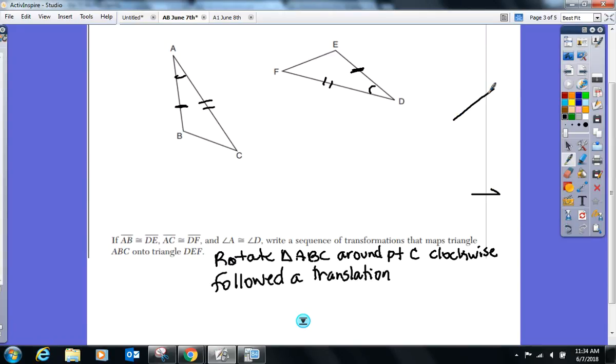So if it's going like this, this means I'm going to slide everything this way, this length. Okay, that's fine. I'm glad we're going over it then. Followed by a translation along. Now, what point did you rotate around? C. That's got to be in your vector then. What point does C match up with? C matches up with F. So after we rotate it, we're going to translate it along vector CF.